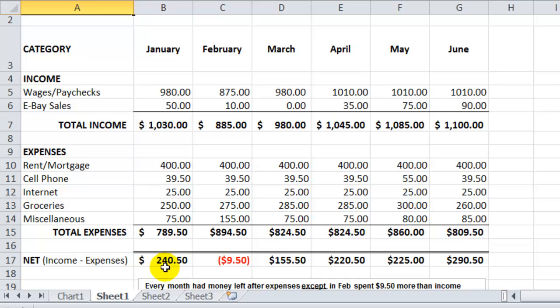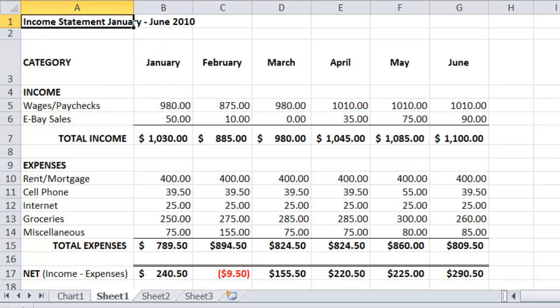So they had a positive net amount every month except February. So each month they had cash left over, except the month of February they were actually short $9.50. So that's just a quick look at income statements and budgets that show actual amounts versus budgeted amounts.